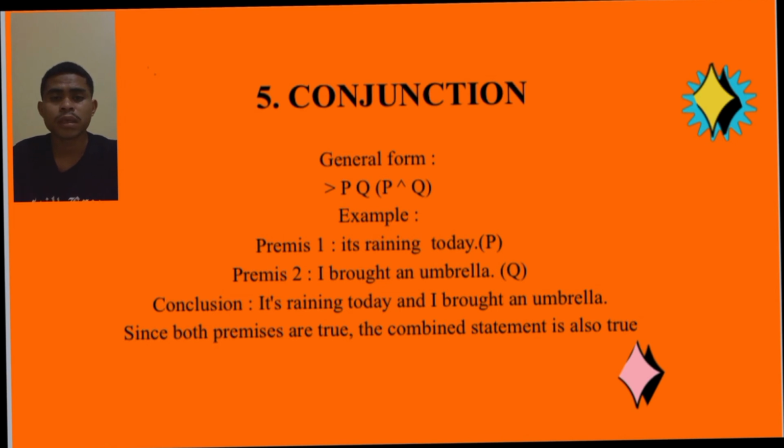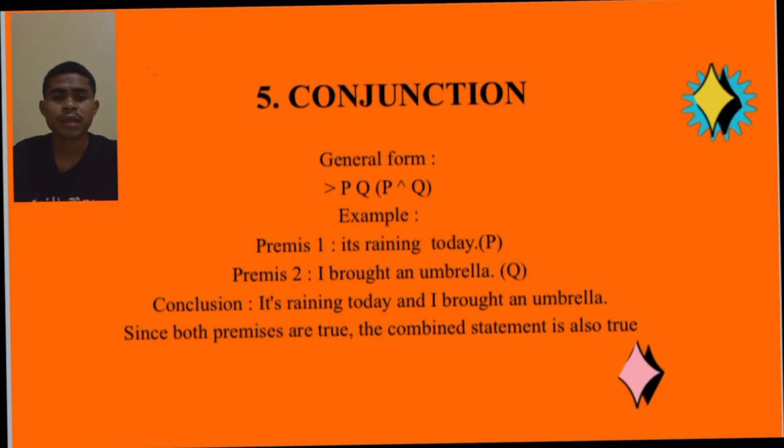Q is the second statement. 3. P and Q represents the conjunction, meaning P and Q. So we combine these two statements with the word and.